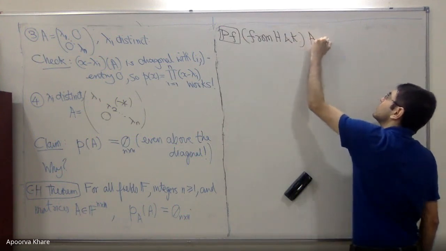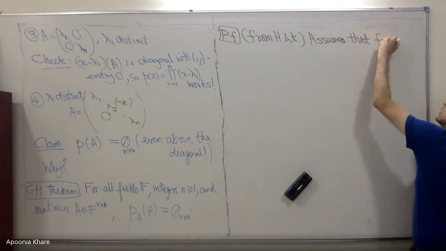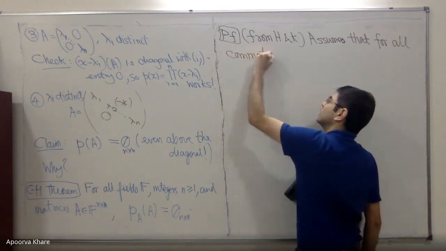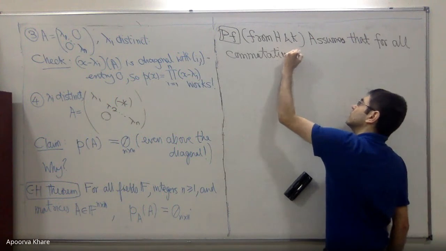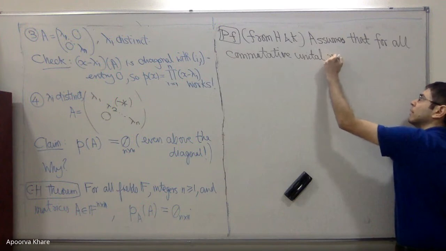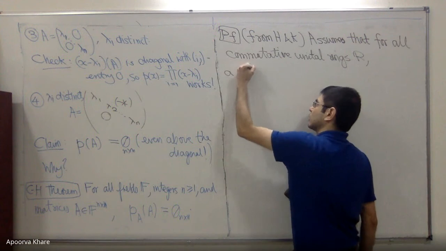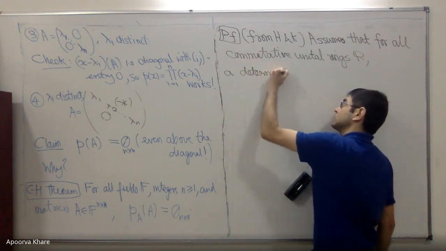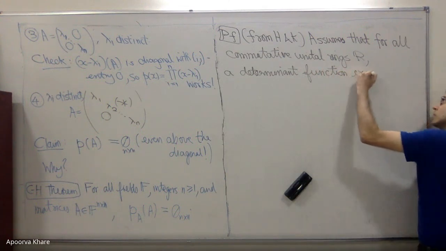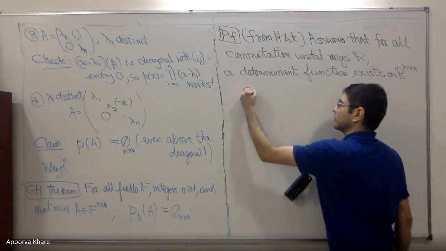Nevertheless, whatever it is, this proof from Hoffman and Kunze assumes that for all commutative rings with the one element, the multiplicative identity, a determinant function exists on R to the n cross n, and is unique and multiplicative.